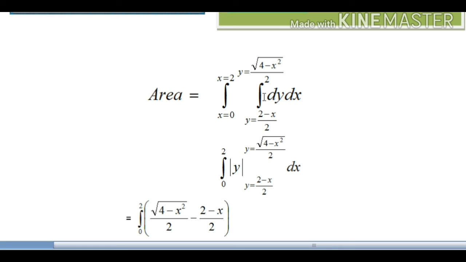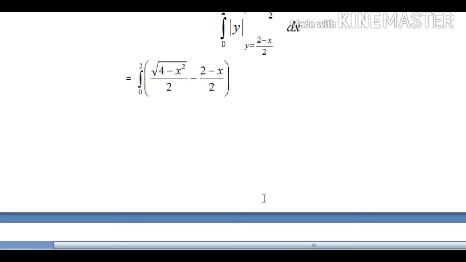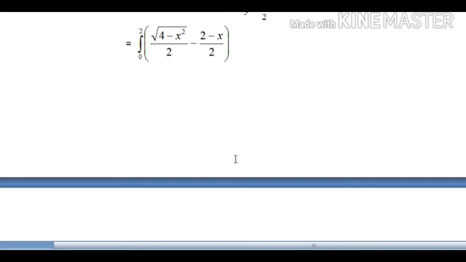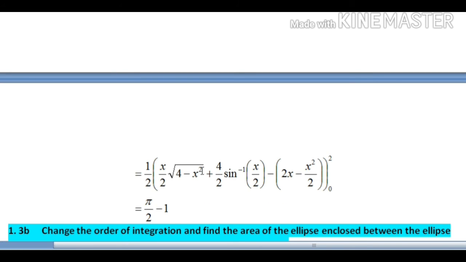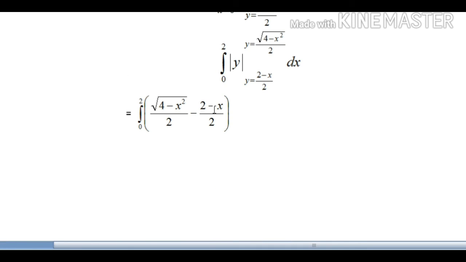Now first integrate with respect to y. So the integration of 1 is y. Then apply limits. First put y as the upper limit, root 4 minus x square by 2, minus y as the lower limit, (2 minus x) by 2, and then integrate with respect to x. Apply the formula for square root a square minus x square: x by 2 under root a square minus x square plus a square by 2 sine inverse x by a, and then the integration of 2 is 2x minus the integration of x, which is x square by 2.